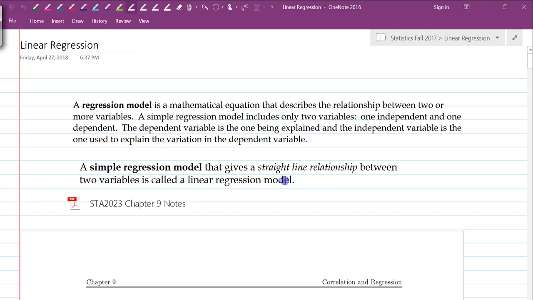We're going to be looking at two variables, an independent variable and a dependent variable, and we're going to hopefully be able to find a strong enough relationship between those two variables that when we plot the relationship between those two variables, we end up with a straight line relationship. When we succeed at that, we have developed a simple regression model. That's what we're going to be learning how to do.